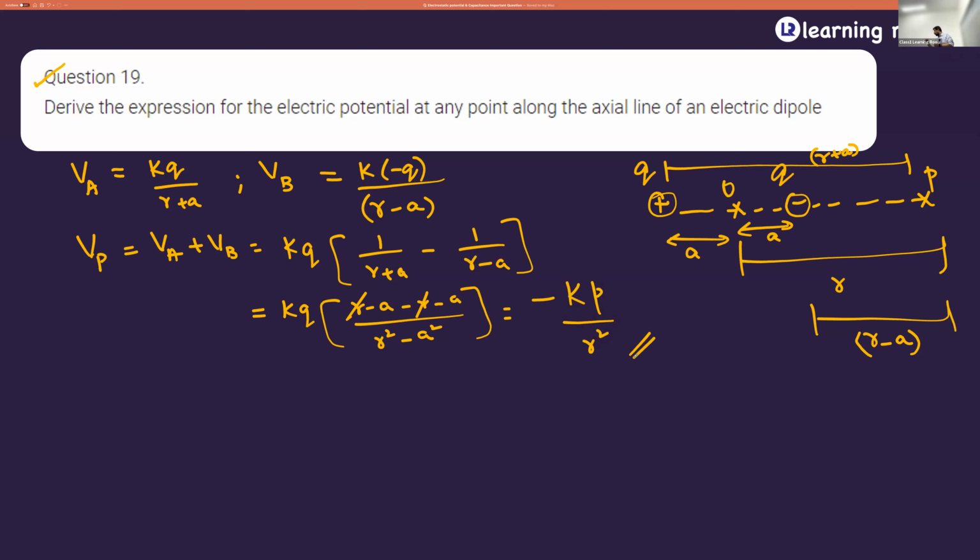One important point to be noted here is, since I took the point P closer to the negative charge, my value came out to be minus KP by R square. Had you taken it closer to the positive charge, if you consider the diagram in reverse, the answer would have been plus KP divided by R square. So this is a point to be noted. Clear?